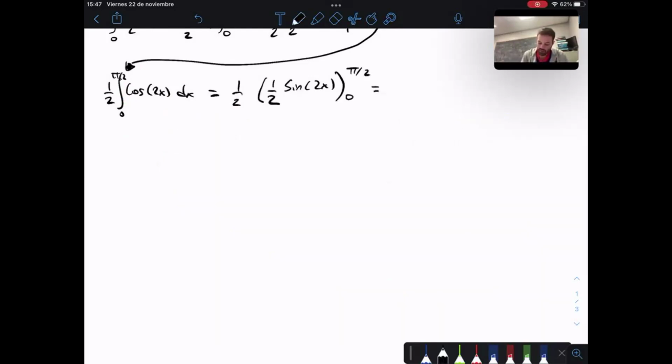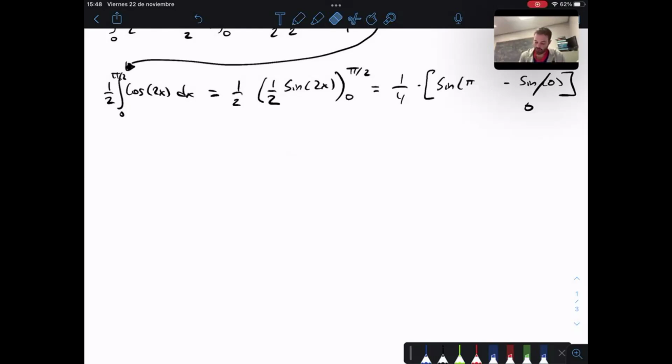This means now that we'll have 1/4 times sine of pi over 2 times 2 minus sine of 0. Sine of 0 is going to be equal to 0. And then sine of pi over 2 times 2 is going to be sine of pi.